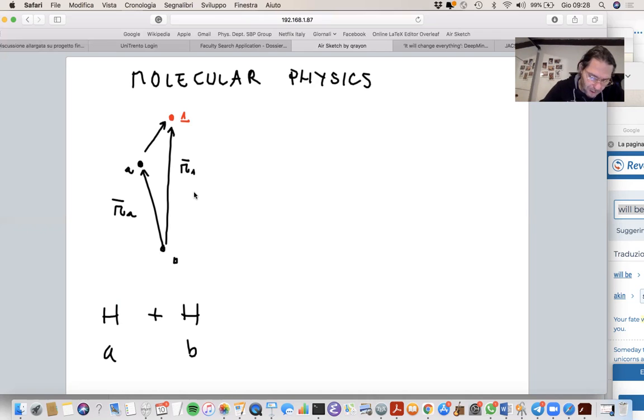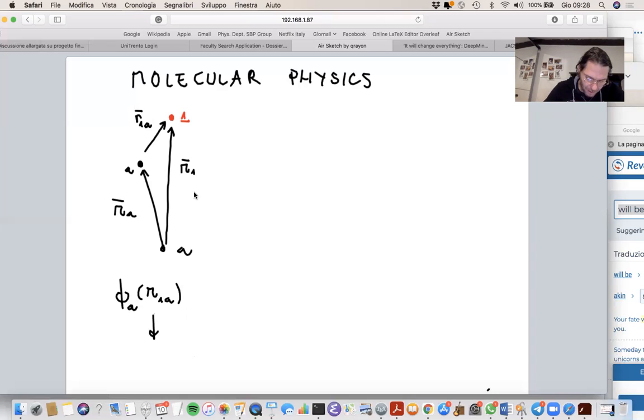Let's call it R1A. Why is that? Because we know that this electron is actually bound to the nucleus A into a hydrogen atom, which means that there is a wave function that we call phi A, which involves the distance R1A only.